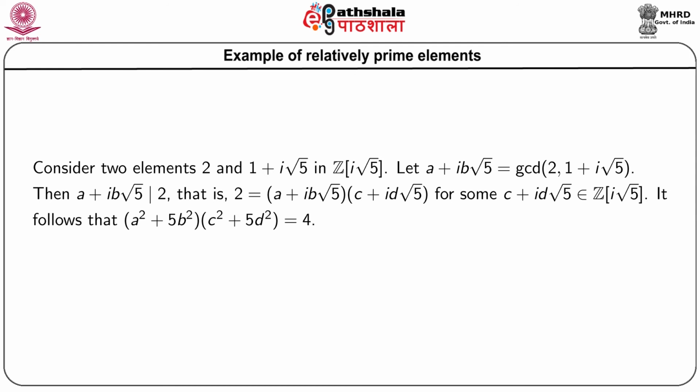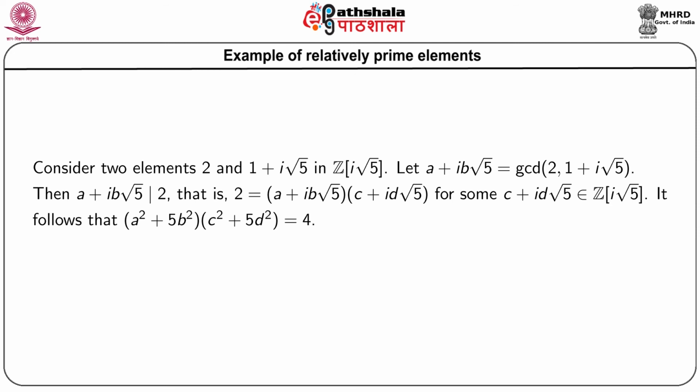But since here our motivation is to discuss also other examples than Z and F[x], so again I consider the ring Z[i root 5] and two elements as 2 and 1 plus i root 5.